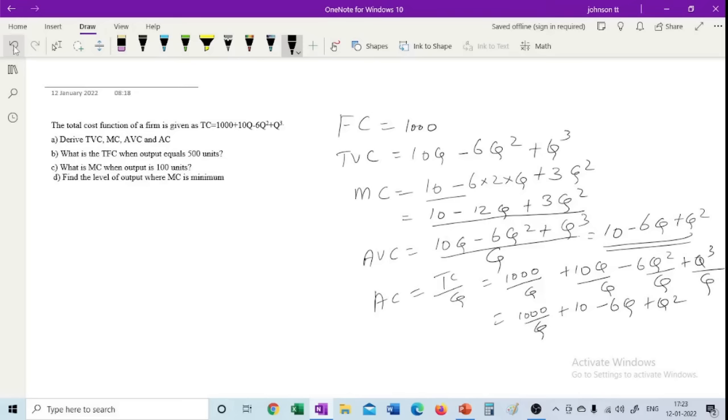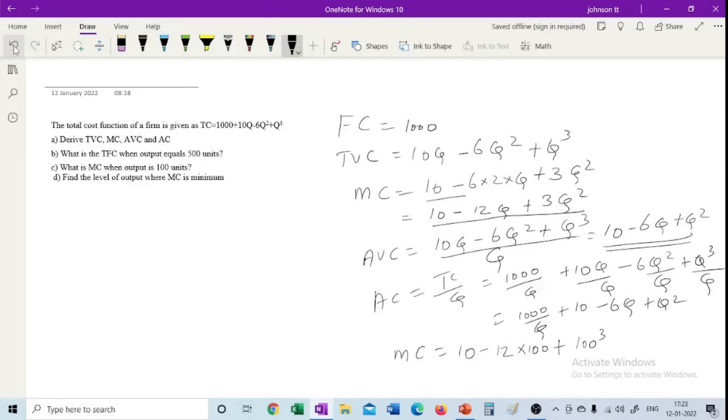So then you will get the marginal cost as 10 minus 12q, that is 100. MC is equal to 10 minus 12 into 100 plus 3q cube, so that is 3 multiplied by 100 cubed.